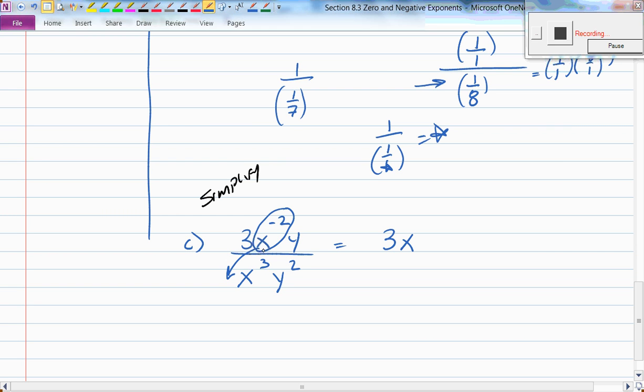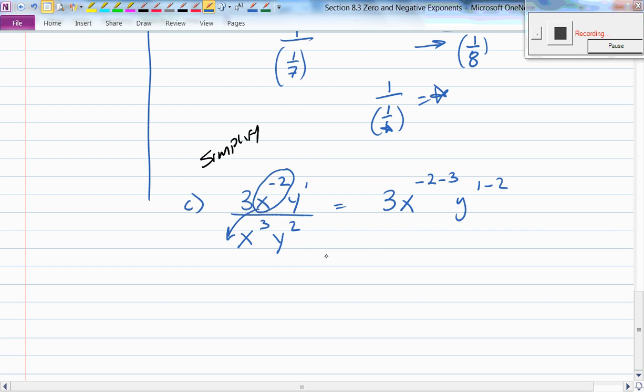3x. If I am dividing exponents, I would usually subtract, negative 2 minus 3. Y to the 1 minus 2. Because this is y to the first power. And when I divide, I'm going to subtract exponents. So that's 3 to the, what's negative 2 minus 3? Negative 5. So 3x to the negative 5th. Y to the, what's 1 minus 2? Negative 1. Very good.